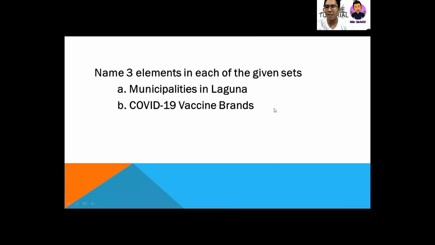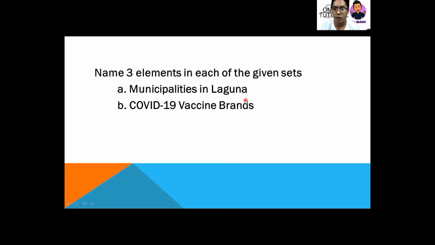Next, name 3 elements in each of the given sets. Okay, so the municipalities in Laguna, there are a lot of municipalities, but we have to name 3 elements. Can you name 3? We can have Nagcarlan, Liliw, Rizal.